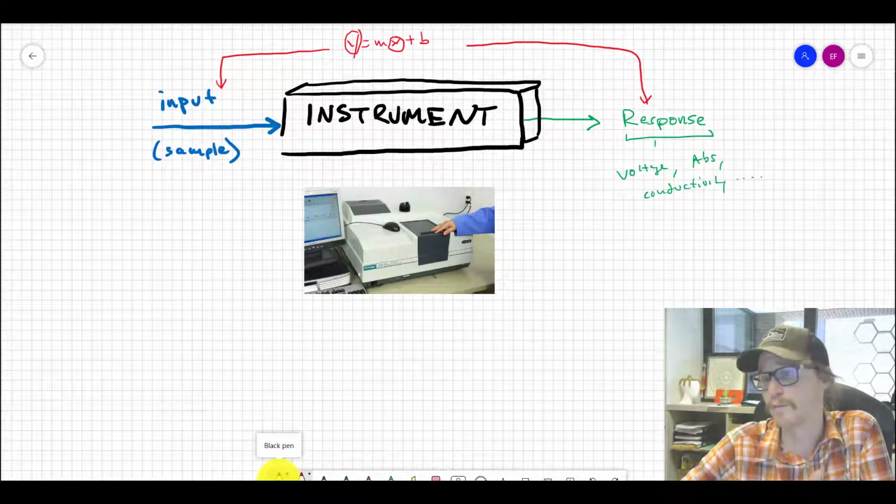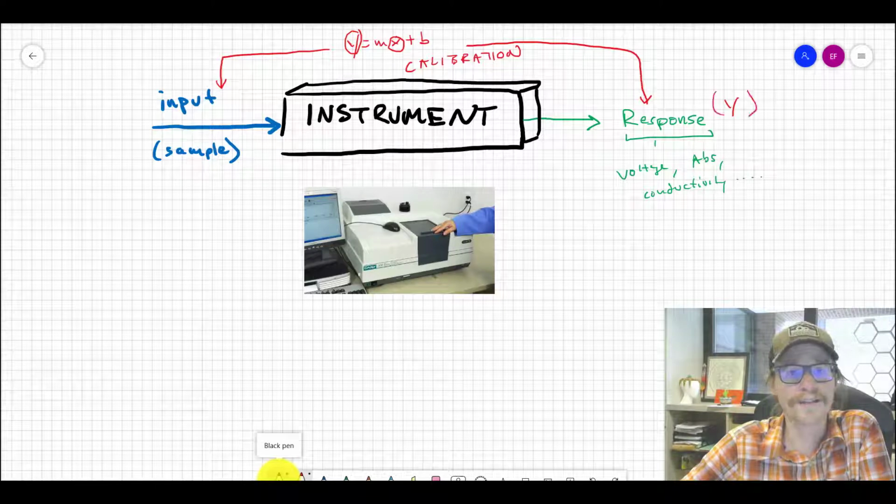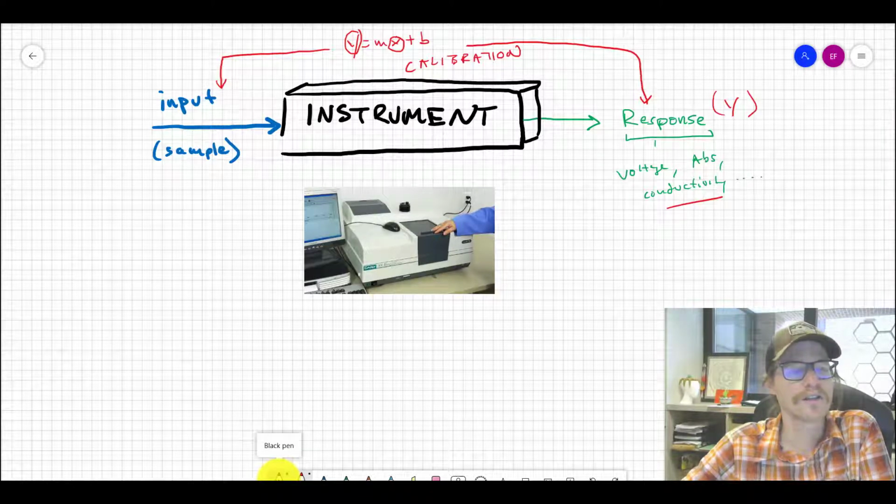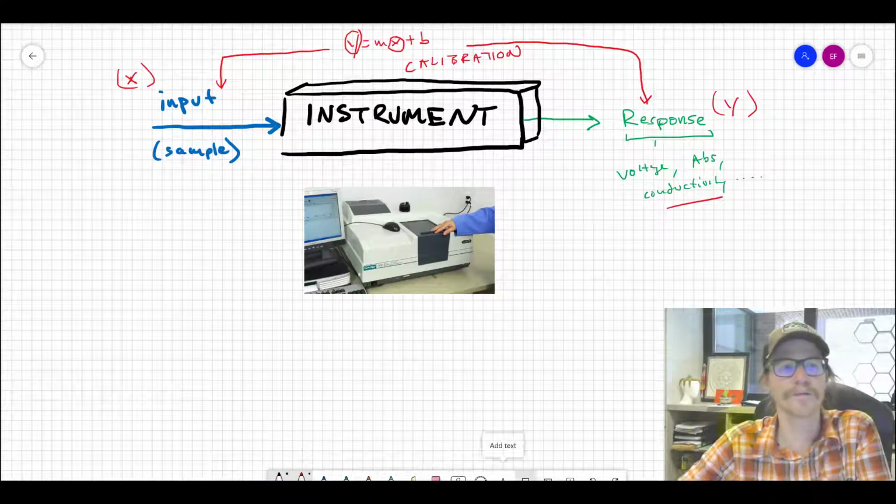It could be a straight line, it could be a polynomial, it could be whatever. This process is calibration, right? And that's what a calibration curve is. It's relating response on the y-axis, in whatever these units are, to the input, which is often concentration. It doesn't have to be, but it often is.